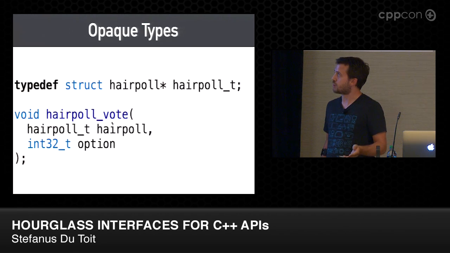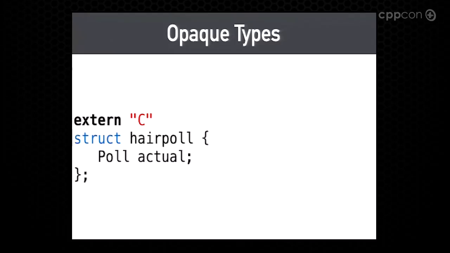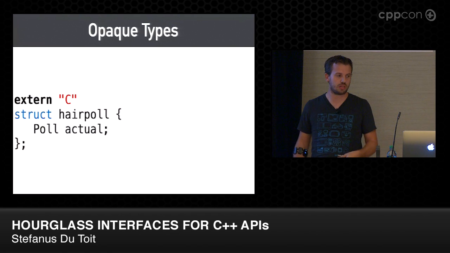So here, for example, we have the hairpole vote function. It takes as its first argument which hairpole you would like to vote on, and then which option you are voting for. Hopefully it's He-Man. The way this struct might actually look in its implementation, at the bottom of the hourglass inside your C++ code, is more or less just like this.